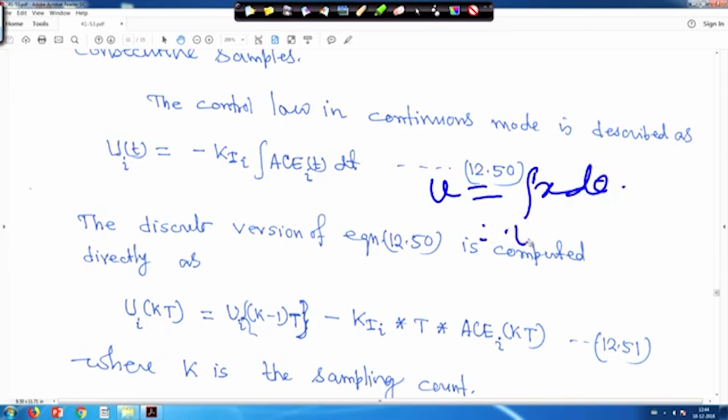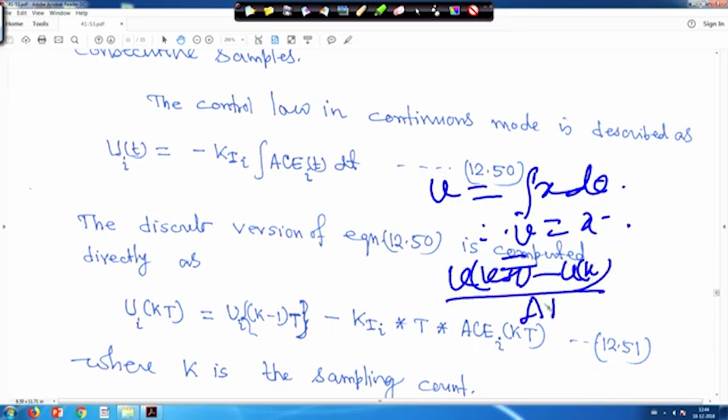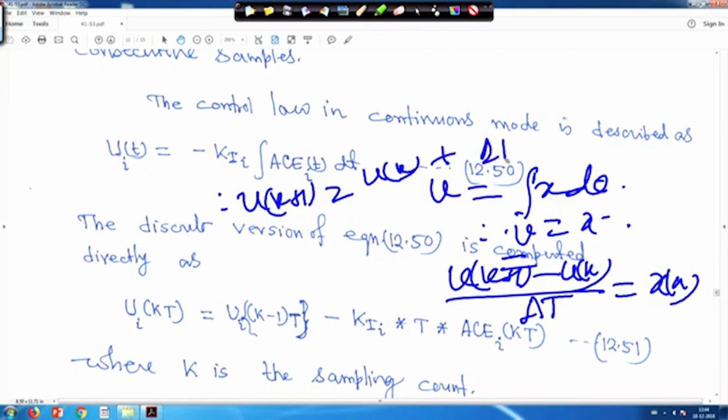Therefore u dot is equal to x. Sorry, just one minute, there is one mistake; I thought it was x dot. The derivative is approximated by the definition of derivative: u(k plus 1) minus u(k) divided by delta t is equal to x(k). That means u(k plus 1) is equal to u(k) plus delta t times x(k).